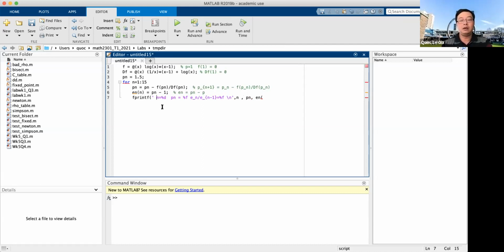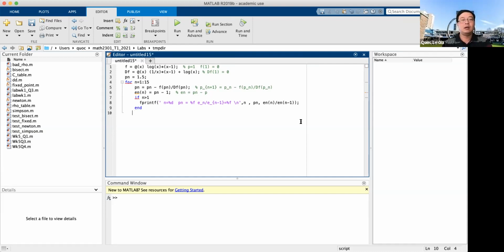So En over En minus 1. But this one doesn't make sense if n equals 1, right? Because En minus 1 is just 0. So you have to say that if n is bigger than 1, then you print out the ratio. Otherwise, don't do it because it's not defined.